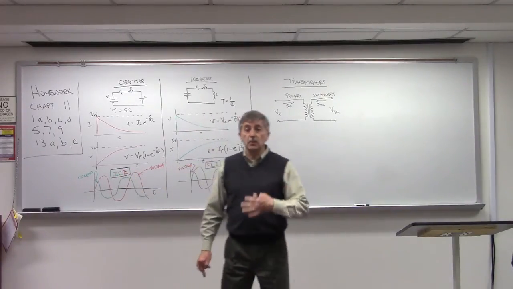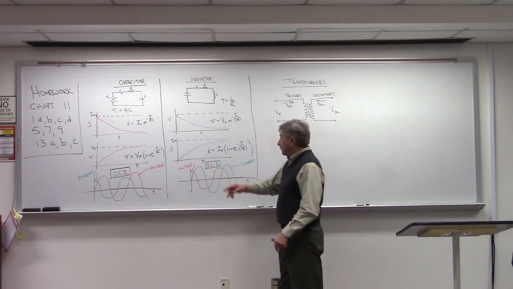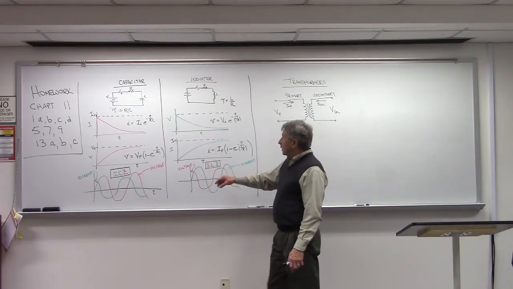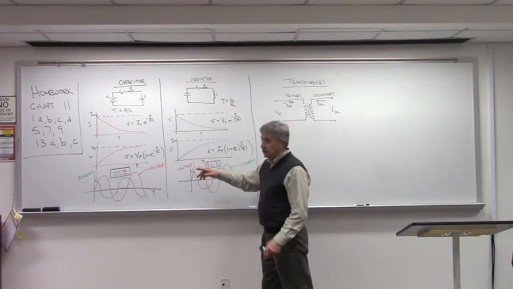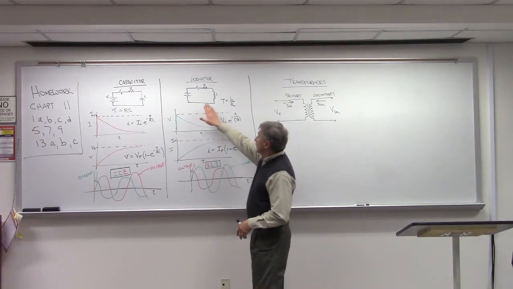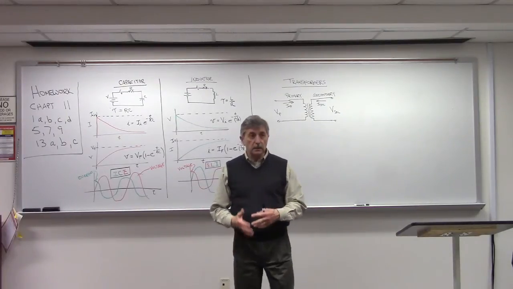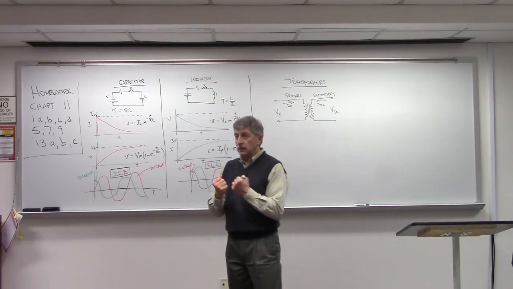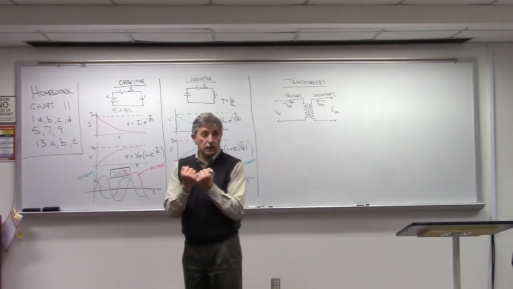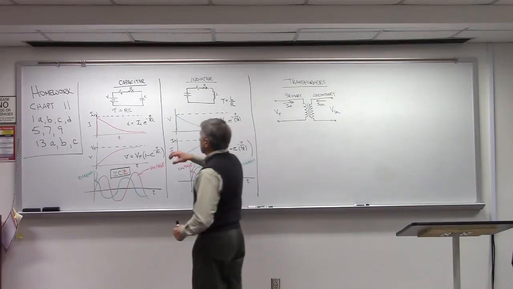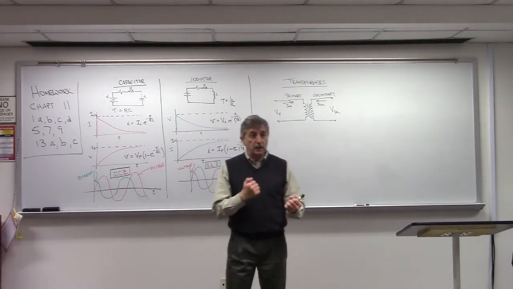The same sort of thing is true for an inductor, but it's just the opposite. In an inductor, the voltage leads the current by 90 degrees. Now that's when you have an inductor without a resistor. We were looking at RC circuits where the resistor wants the voltage and the current to maintain the in-phase relationship, and the inductor and the capacitor want those two parameters to be out of phase by 90 degrees.